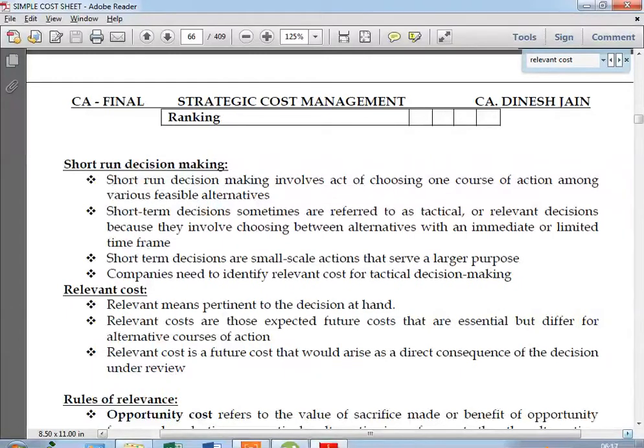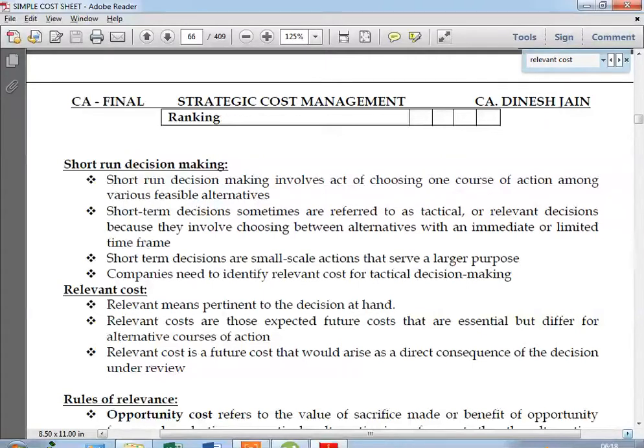So whatever decision we are going to take, it has to change between the alternative courses of action. Okay, now let's discuss this. Your noting down and all is not critical. Everything is covered here. So your focus in the class should be to understand the concept.